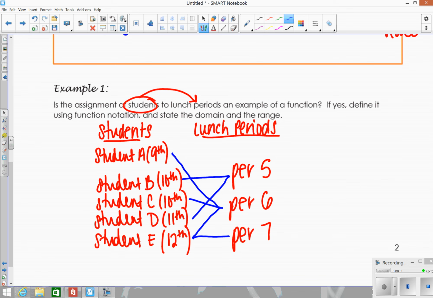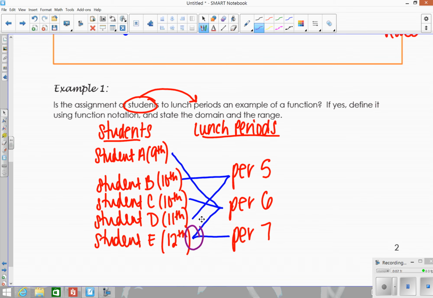Now looking at each one of these students going to a lunch period, we have to ask ourselves, does this satisfy the definition of a function? If you look at this spot right here, I have this student going to 2 outputs. So this input has multiple outputs, and that's violating the definition of a function.